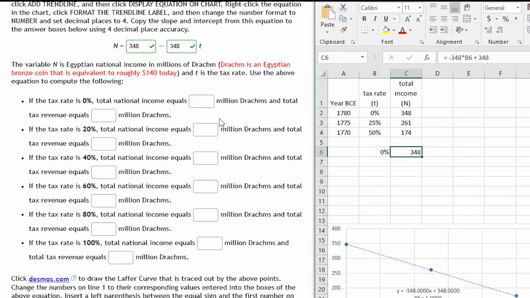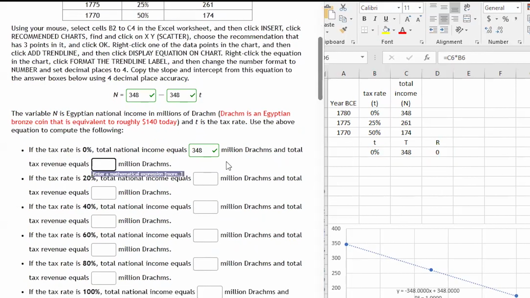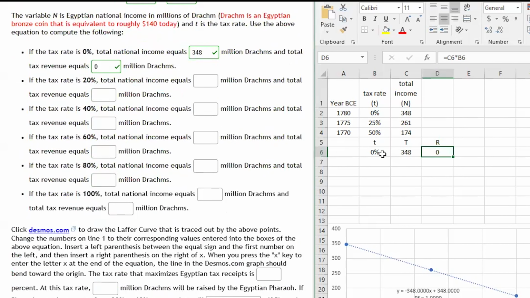So 348 million drachmas. This is going to be tax revenue, so R, total income, and this is the tax rate. To calculate the tax revenue, you just multiply the national income by the tax rate of 0%. And so if the tax rate is 0%, the government's collecting 0 million drachmas in tax revenue. I'm going to change this to 20% next.